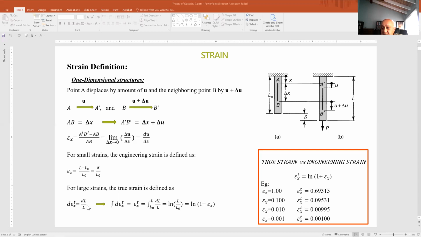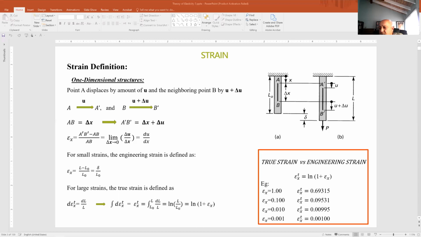After the load is applied, the strain would increase gradually, and its differential of strain, d epsilon, would be defined as dL, change in length of one element, over L. If I integrate that, I come up to the definition of true strain. True strain, as you can see, is equal to the logarithm of 1 plus engineering strain.